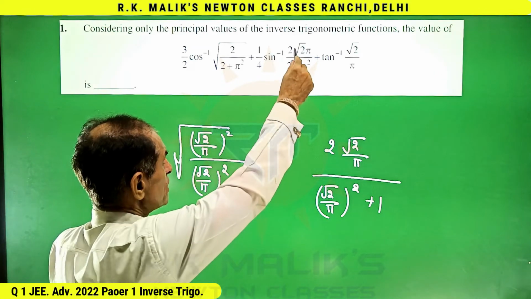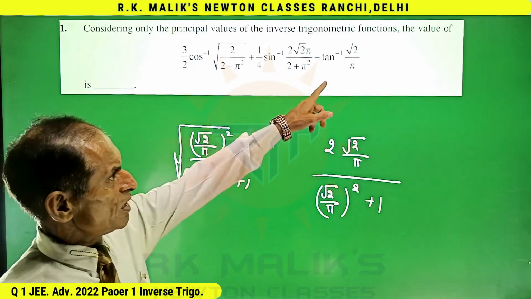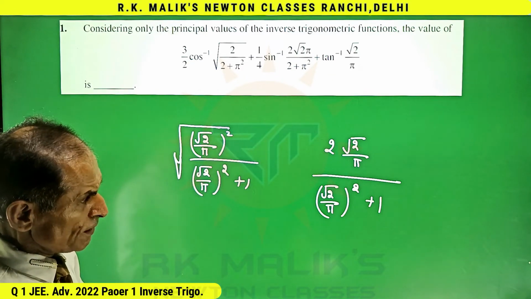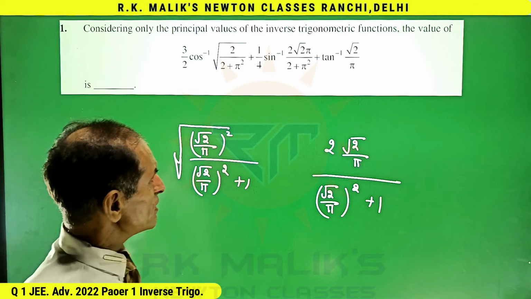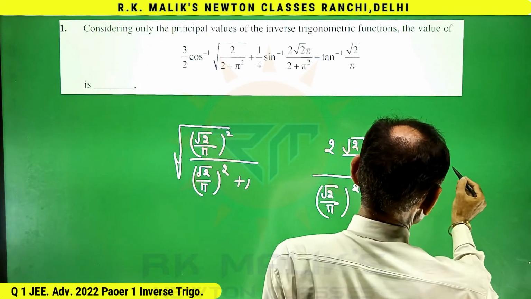Here I have divided the numerator and denominator by pi square, and here root 2 upon pi is already there.